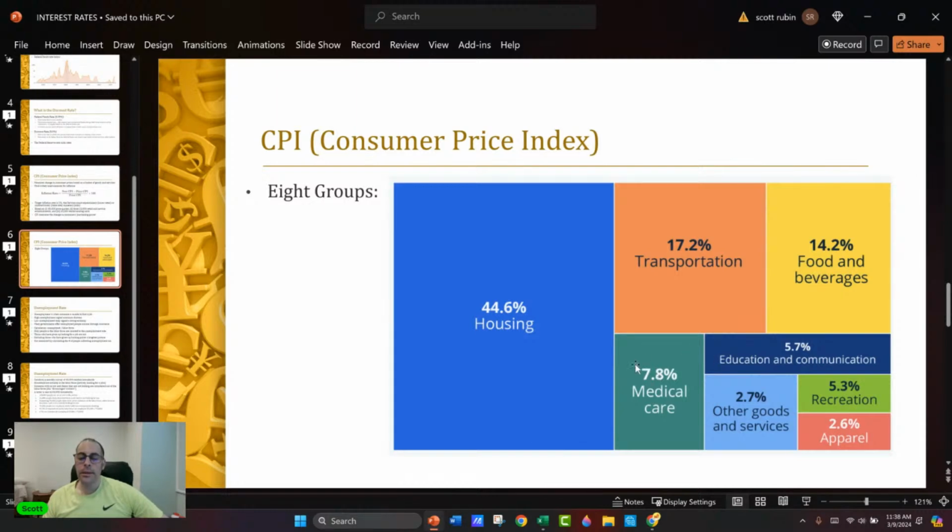Medical care includes medical insurance. It also includes what you pay beyond insurance. Some people don't have insurance, so what they pay is also part of this. Then the next biggest is education. So college, and then private school. Some people pay for private school.